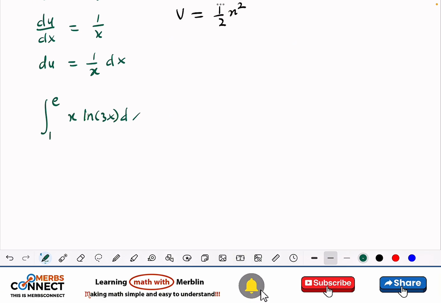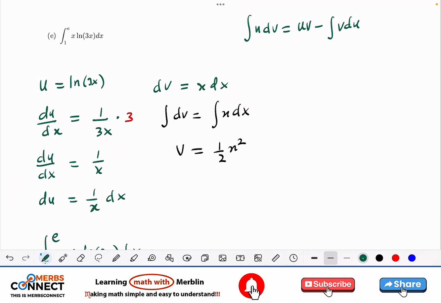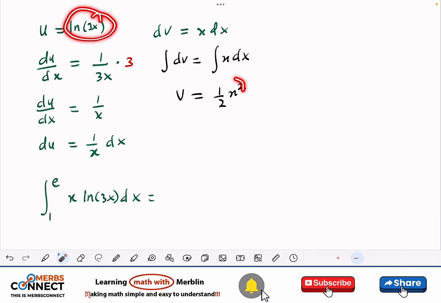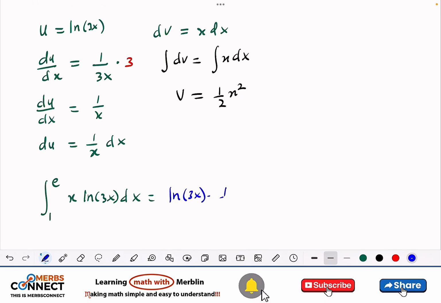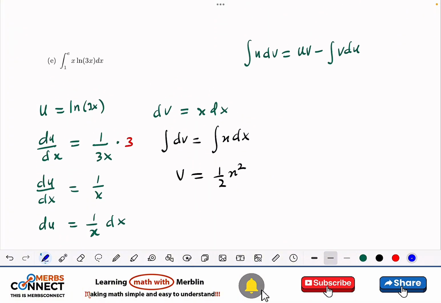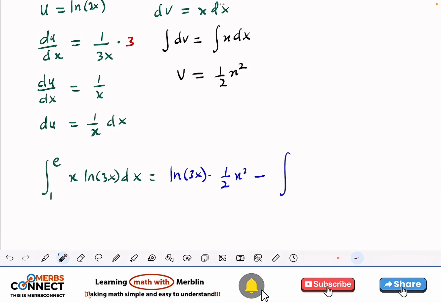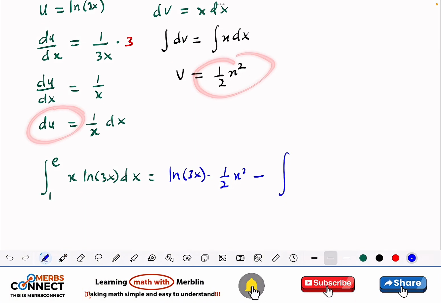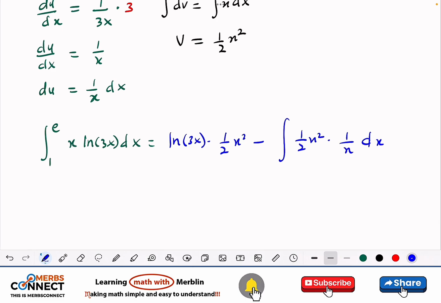What is the integration by parts formula? u times v. So this is u times v minus the integration of v du. So I'm going to have 1 over 2 x squared times 1 over x dx.